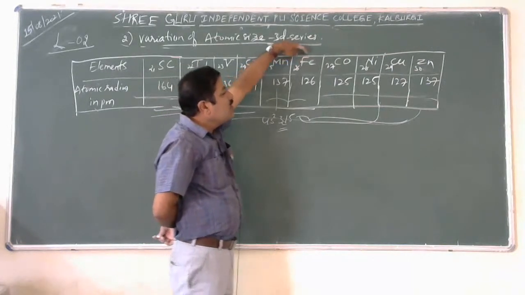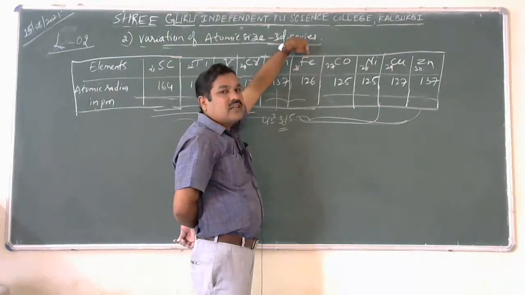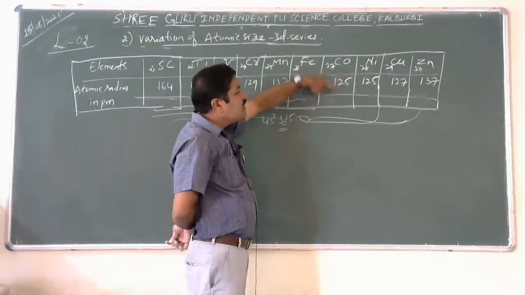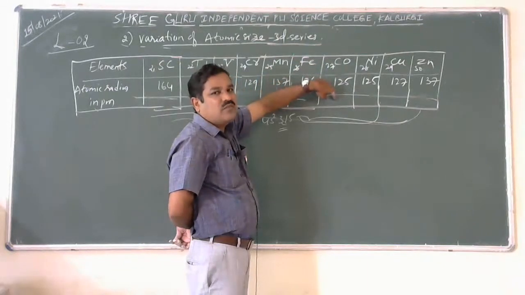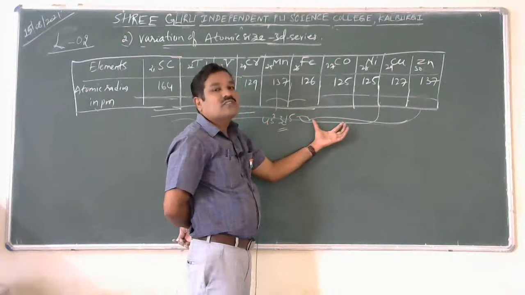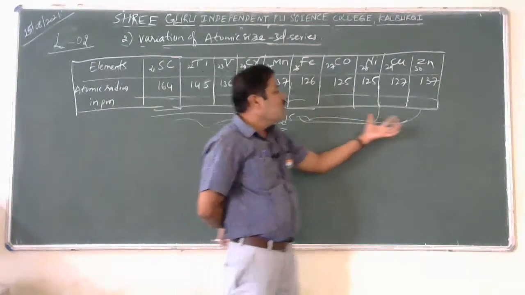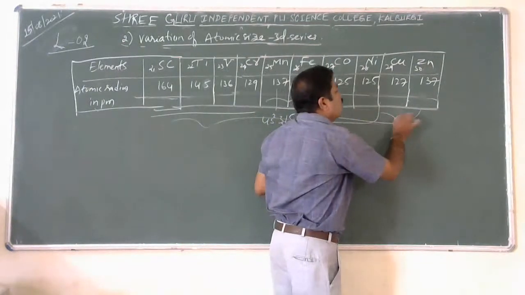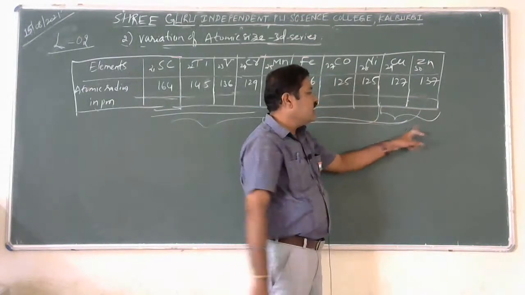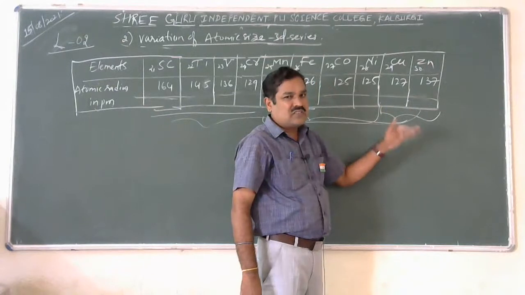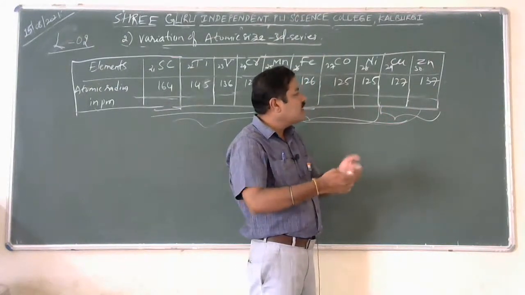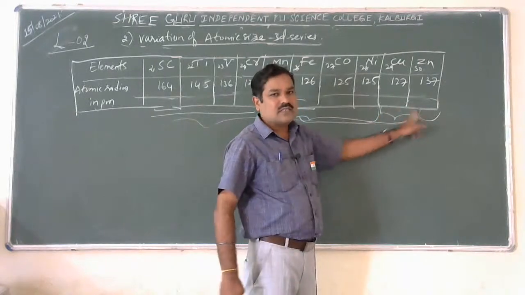But the screening effect, effective nuclear charge, and the number of unpaired electrons both balance each other. Therefore, from iron to nickel, the radius remains constant. But lastly, from copper to zinc, it is once again increasing. Why? Because they have 3d10. Electrons are adding to the same subshell. Due to electron-electron repulsion, atomic radius increases.